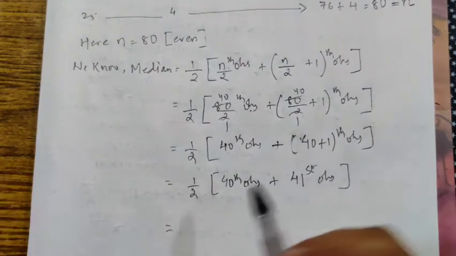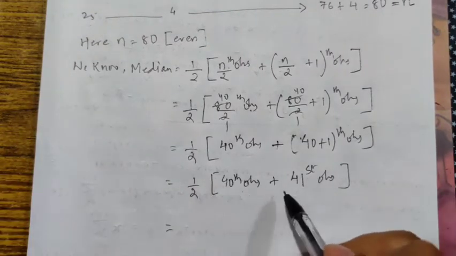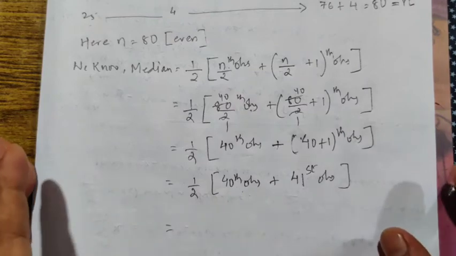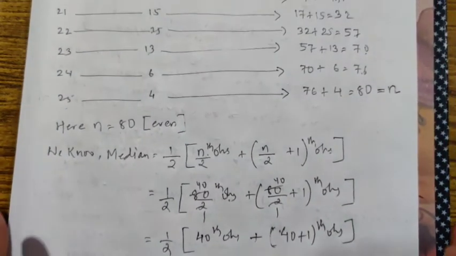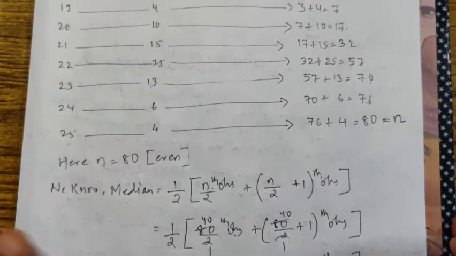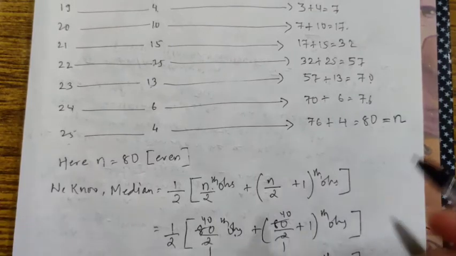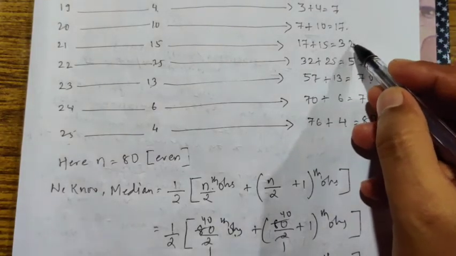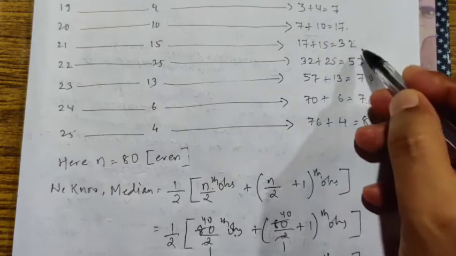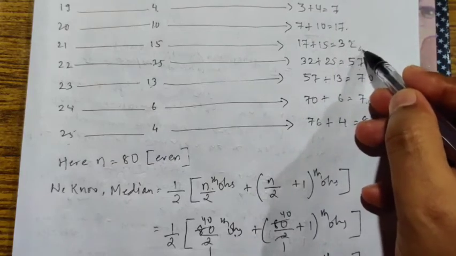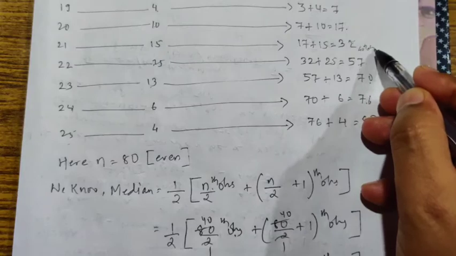Okay people, so 1 by 2 on the bracket, 40th observation plus 41st observation. Now let's go back to the cumulative frequency. People, be very careful. Where will your 40th observation fall? Your 40th observation, see, this is 32, this is 57. In between is my 40th observation. Yes or no?